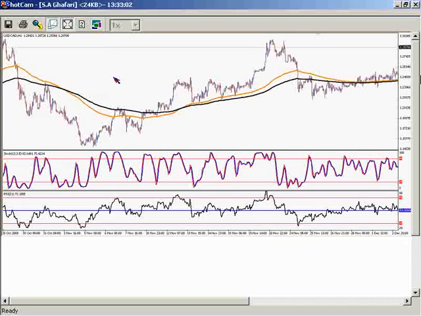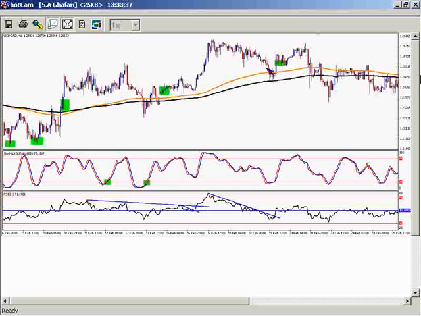In this case, we can simply just go buy here. If you don't consider the stochastic, we can just go buy here and also here. Why? Because we have an uptrend and also we have the crossover here. The price just breaks out of the moving averages, so we have an uptrend.